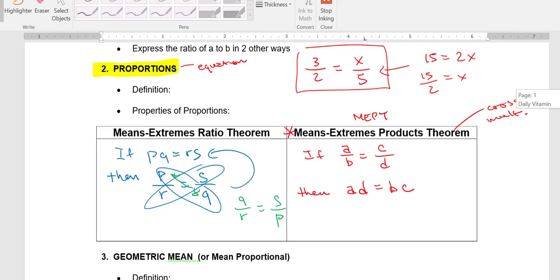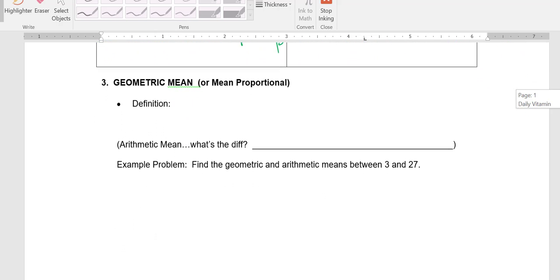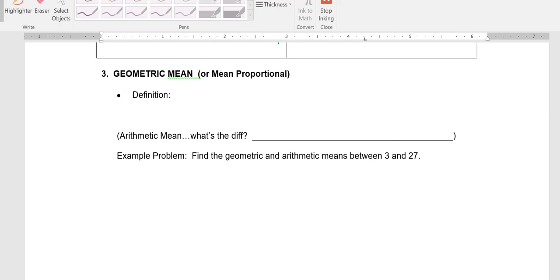Okay, so let's talk about something called the geometric mean, or the mean proportional. These are the same. Okay, so a geometric mean is basically when you have a proportion, so like 1/4 equals 4 over 16, where these in this position in the proportion are identical.